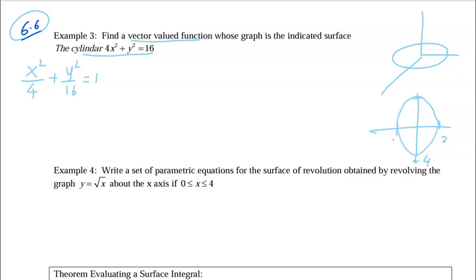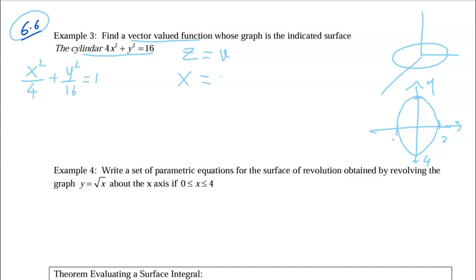So that's the ellipse, but for z, you can choose anything you want. So z is just z. Let's call it, as if I want to change into u and v, let's call it v, and then x and y are an ellipse.